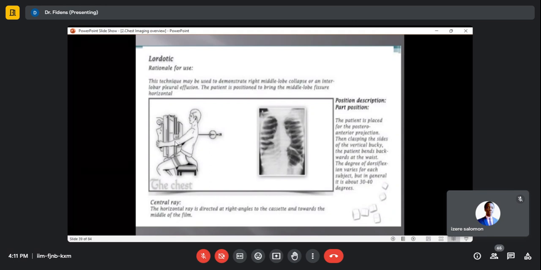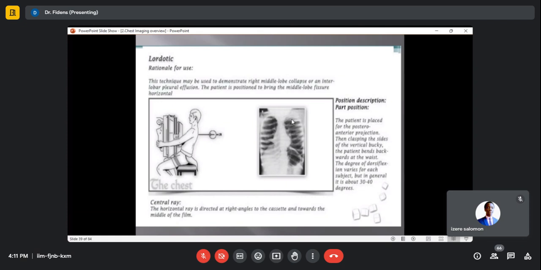Look, the patient is sitting on the chair, the cassette in front of him. Now, he does 45 degrees backwards. Now the X-rays are perpendicular and at the level of T4. And now the clavicles are out of the lung fields.